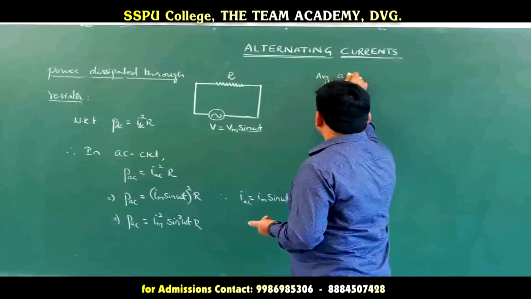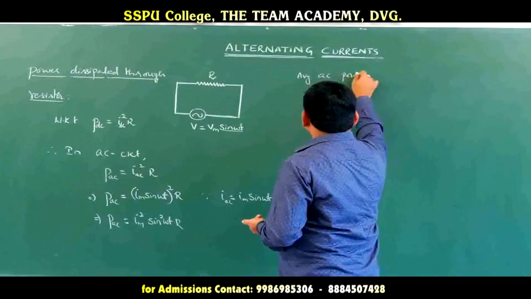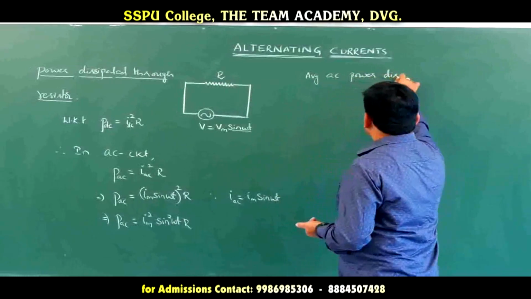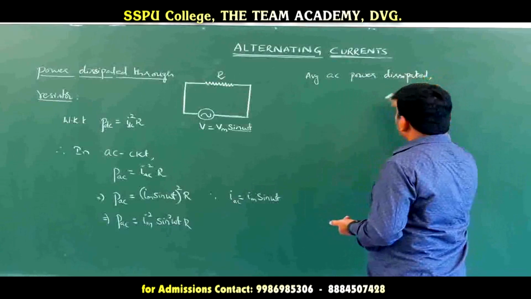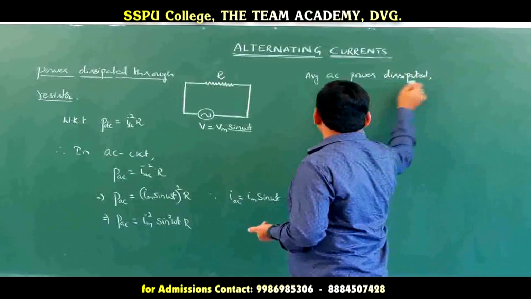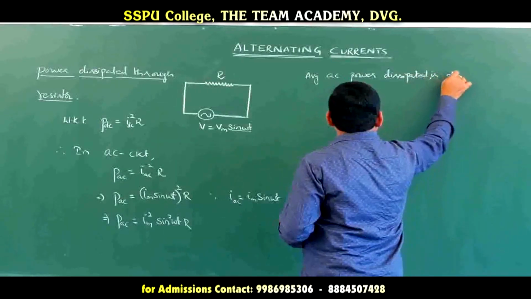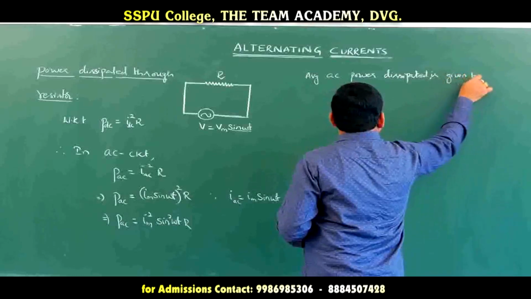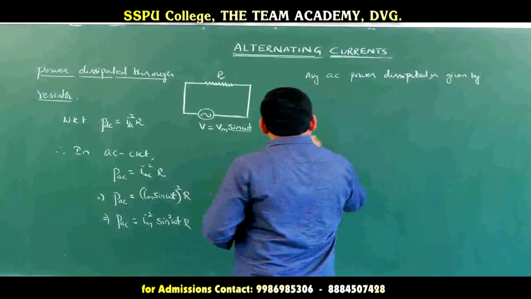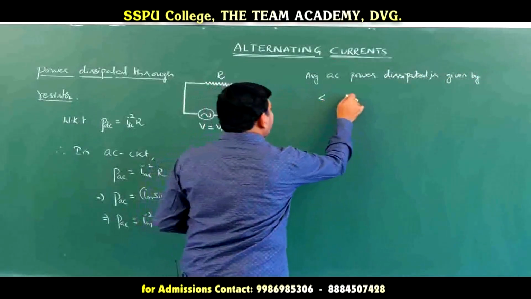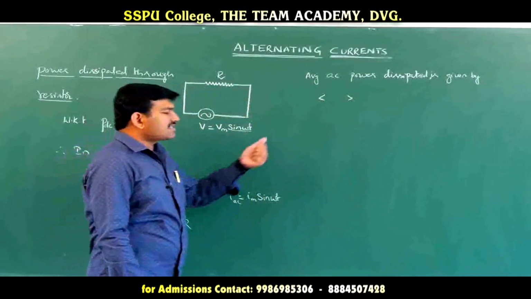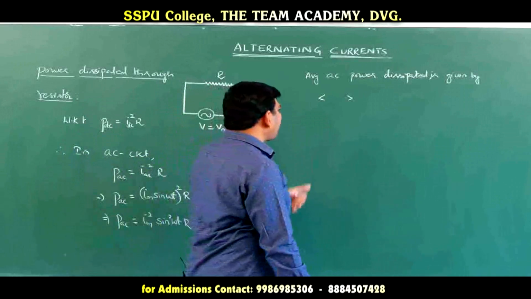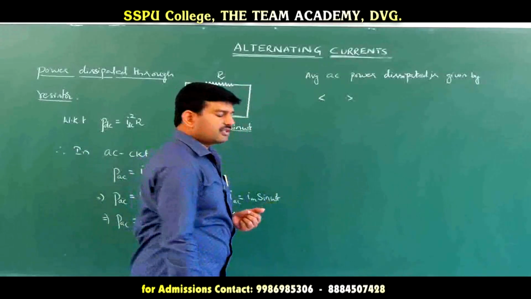The average AC power dissipated is given by, and here I am using this notation. This notation represents average. So, something which is kept in this bracket will represent the average of the term.